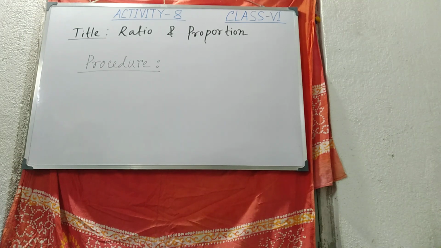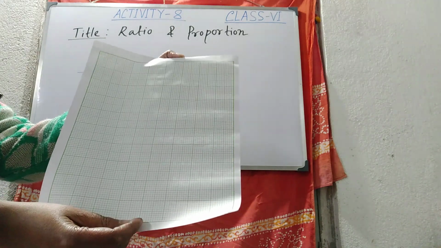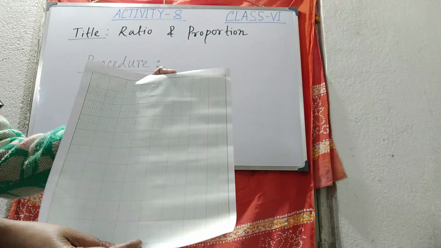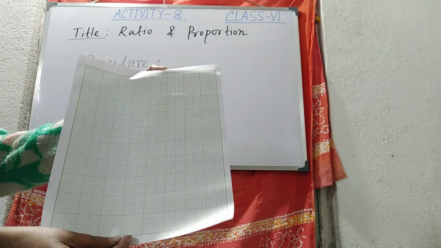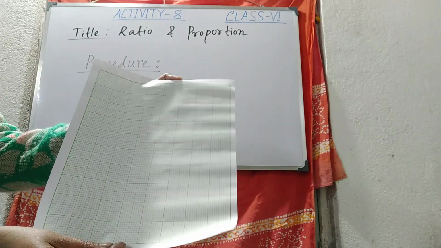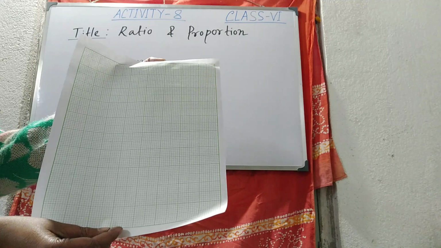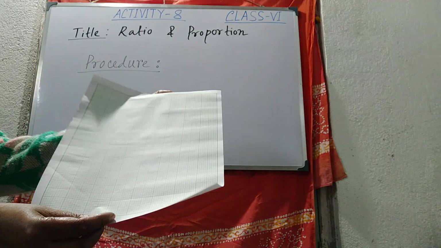After taking any graph paper, we have to make a boundary of any finite number of square boxes. First of all, you will make a boundary of any finite number of boxes, whatever you like. You can take 40, you can take 25, you can take 80 also, you can take 50.